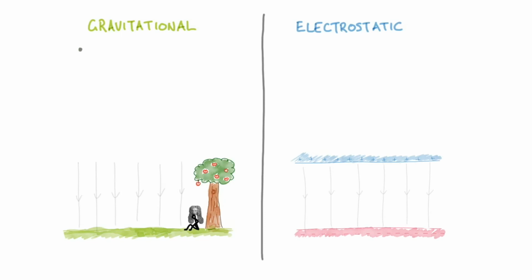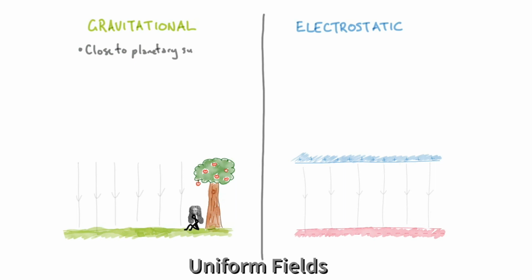Okay, now just to summarize this video, let's compare uniform gravitational fields and electrostatic fields, or electric fields. Now, gravitational fields, again, for a uniform field, it's approximate, and we can assume this to be close to the surface of a planet. Electrostatics, we need parallel plates of opposite charge, which are known as capacitors.